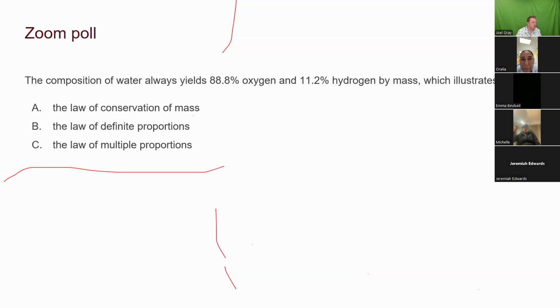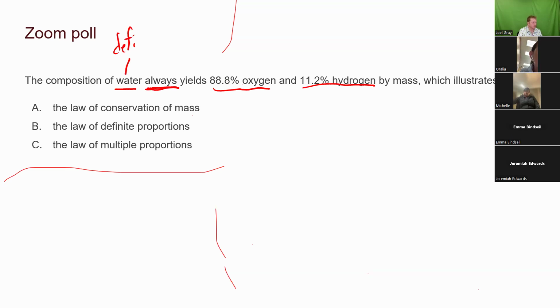Okay, so this question had a key word in it: always. So the composition of water always yields this much oxygen, this much hydrogen by mass. What's significant about it always doing this, and the use of the word water, indicates that this is defined.